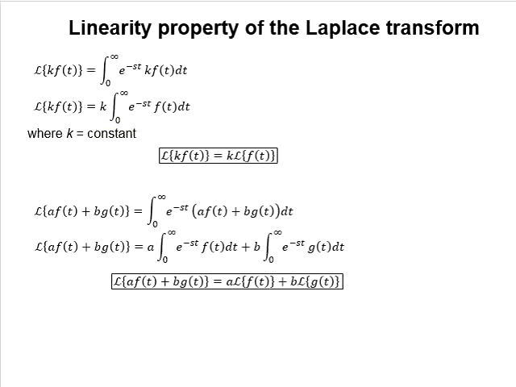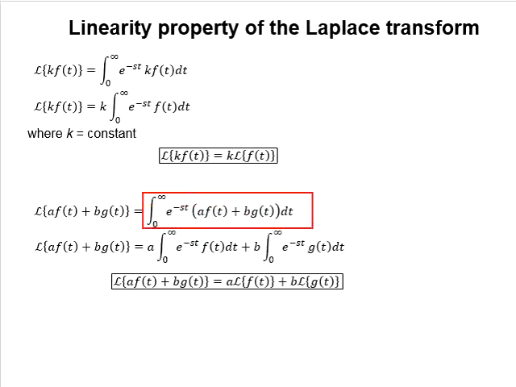In this case, we can conclude that the Laplace transform of kf(t) can be rewritten in the form of k multiplied by the Laplace transform of f(t). In the case that we need to do the Laplace transform of a function here, if written in the form of the integration, it will be something like this.